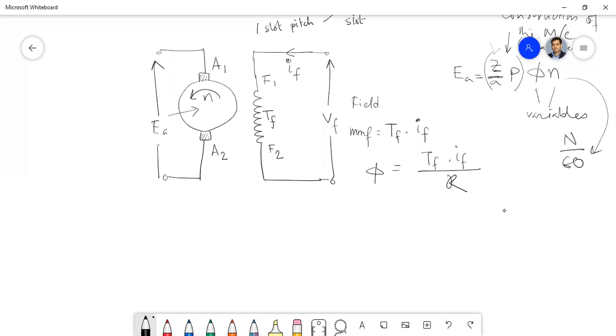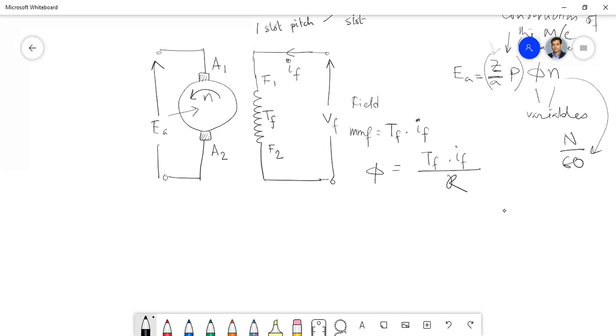Now here the configuration we have drawn is that we are exciting the field coil by another voltage source, VF, isn't it? Can you see this? We are flowing the current through the field coil by another voltage source.